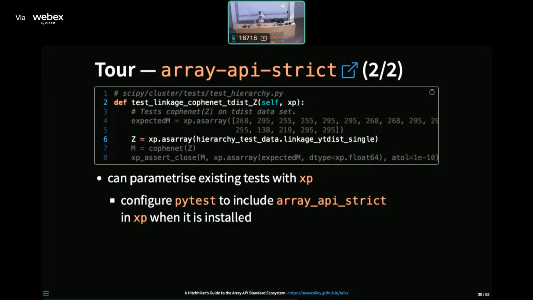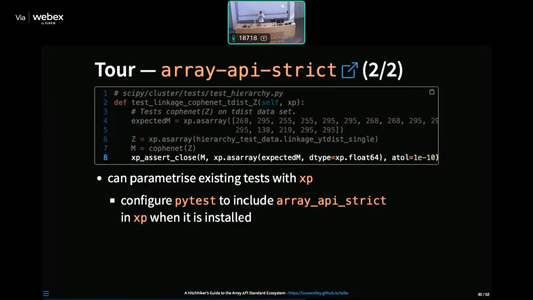For example, here's one of our tests in SciPy. Most of our tests are now parameterized by XP. So we run all of the tests over all of these different namespaces, and one of those namespaces will be Array API strict. Then we create those Array API strict arrays, pass them to the function, and everything works like that.